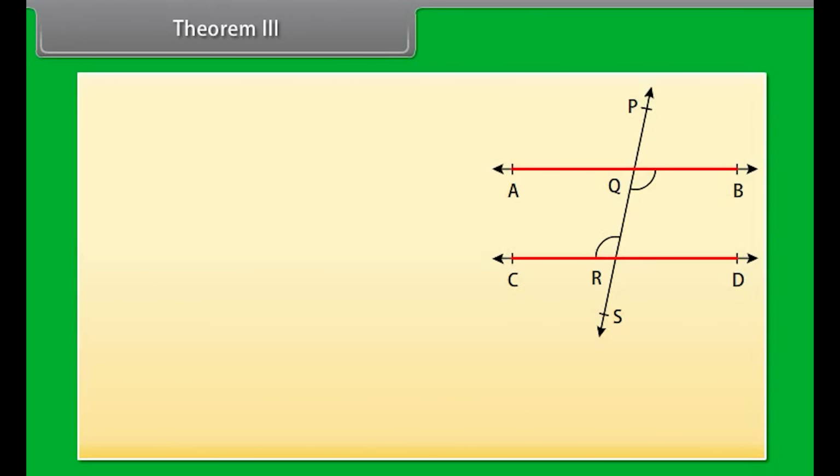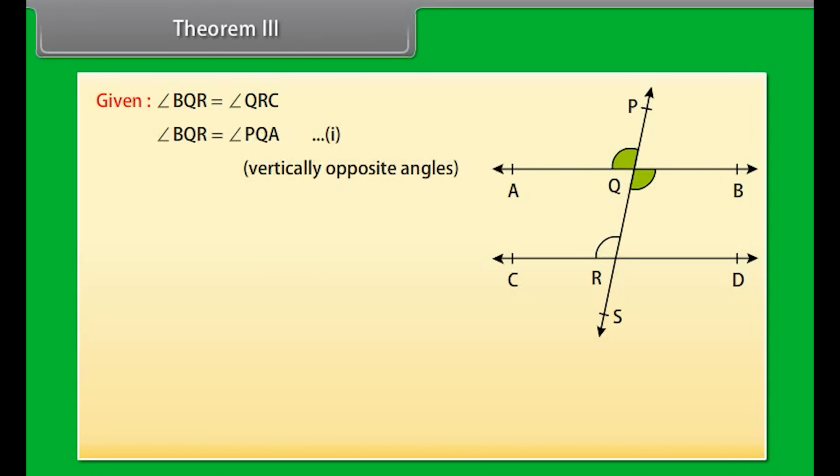Theorem 3. Now, using the converse of the corresponding angles axiom, we can show the two lines parallel if a pair of alternate interior angles is equal. Come, let us check. Here the transversal PS intersects lines AB and CD at points Q and R respectively, such that angle BQR is equal to angle QRC. Also, angle BQR is equal to angle PQA, because these are vertically opposite angles. Mark it as 1.